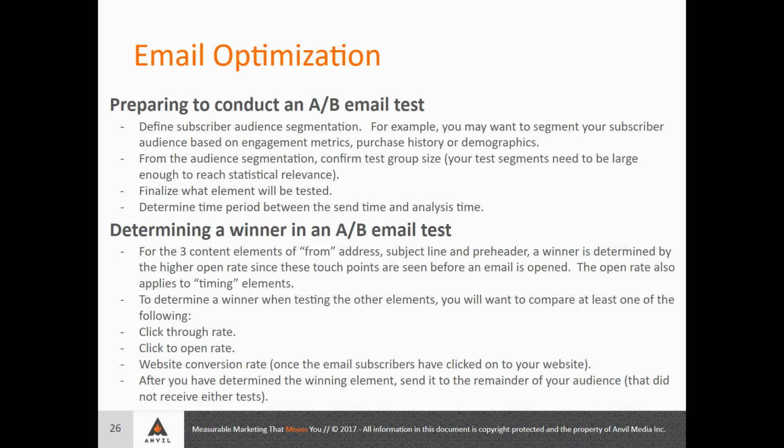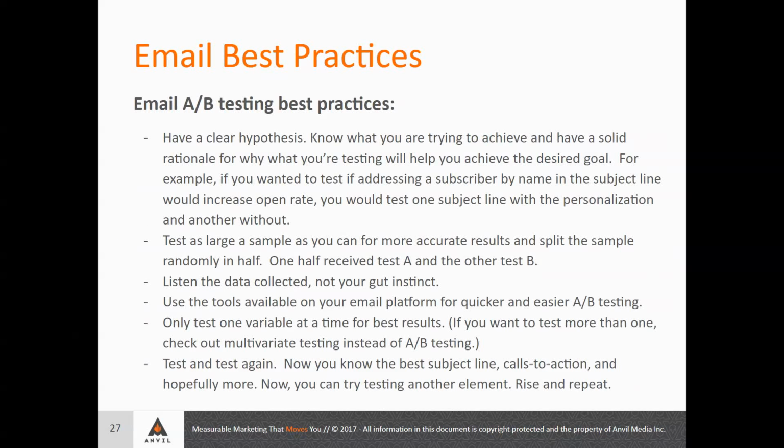To determine a winner when testing the other elements, you will want to compare at least one of the following: click-through rate, click-to-open rate, and website conversion rate once email subscribers have clicked onto your website. And after you have determined the winning element, send the winner to the remainder of your audience that did not receive either test.